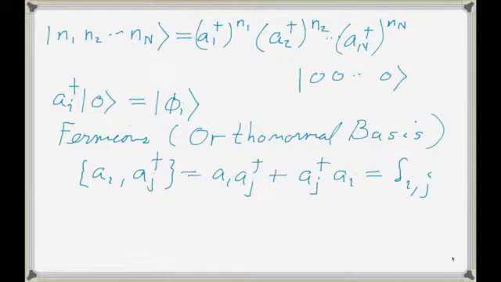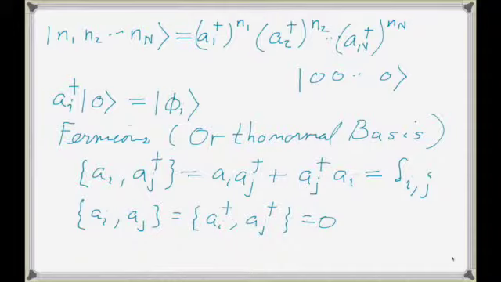That's your standard anti-commutation relationship, and anything else gives you 0. So the anti-commutator of a i, a j is equal to that of a i dagger, a j dagger, which is equal to 0.